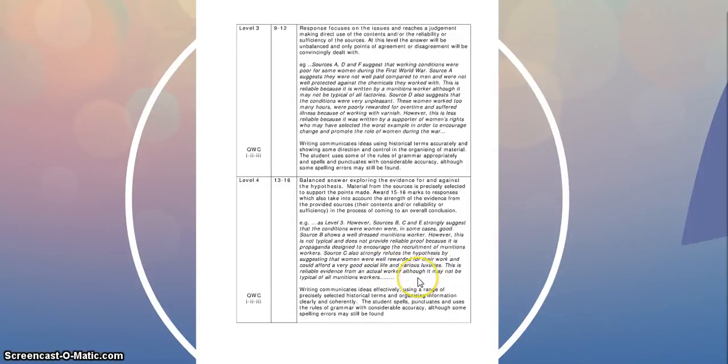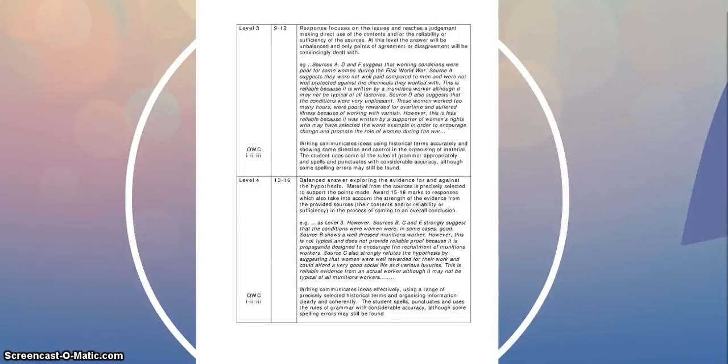This is reliable evidence from an actual worker, though it may not be typical of all munition workers. Putting a limited judgment on it, look. Not everyone may have been in that situation, okay, but does it show you that the conditions were good, okay, and that their pay was good or poor? And you're arguing all the way through the sources that do and the sources that don't support that hypothesis, backed up by your own knowledge, okay?